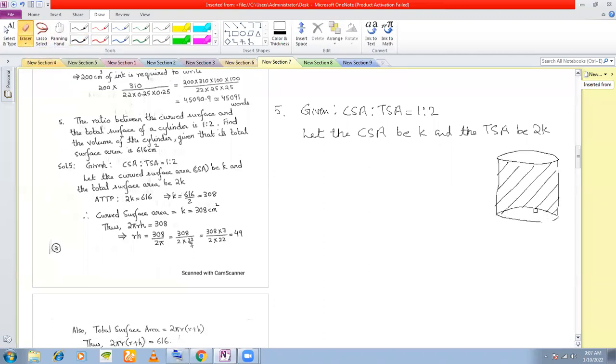So this is your curved surface area actually. This is your curved surface area, the shaded part. Okay, so the curved surface area here is K, and the total surface area, that is including the two circles at the top and at the bottom, the area is 2K.